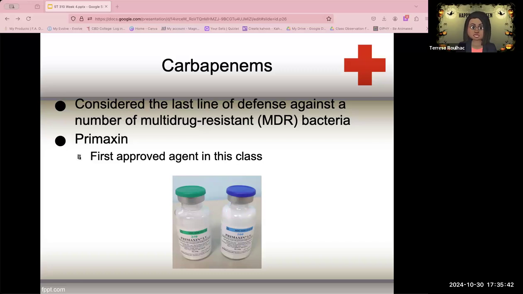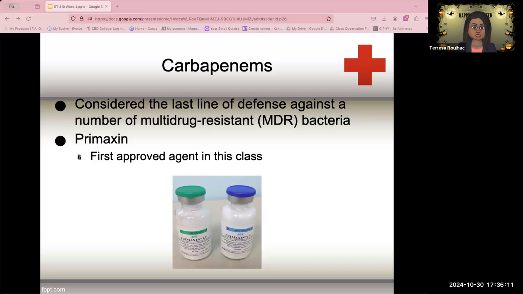It works by inhibiting cell wall synthesis in bacteria, leading to cell lysis and death. They're effective against a wide range of gram-positive and gram-negative bacteria, including some that are resistant to other antibiotics. It offers coverage against many gram-negatives, though other ones in this particular category may not be effective against things like pneumonia.